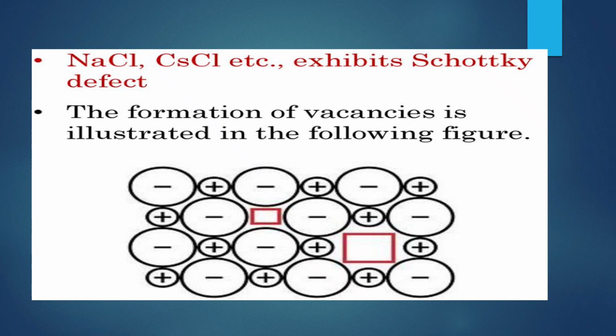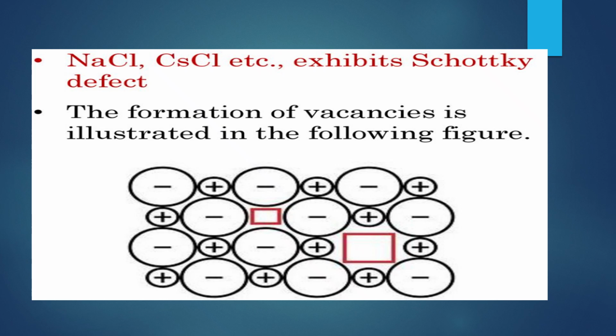Let us take an example of NaCl crystal. Here Na plus is a cation and Cl minus is an anion. The Na plus and Cl minus ions are arranged in a regular lattice. Each Na plus is surrounded by Cl minus ions and vice versa. If one Na plus ion and one Cl minus ion leave their respective lattice positions, they may move to the surface of the crystal to get lost to the environment.